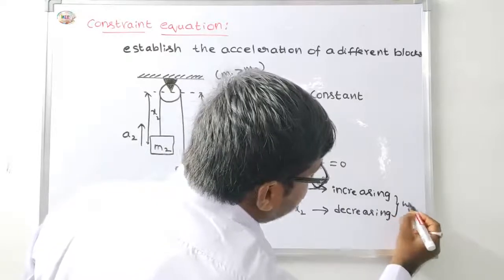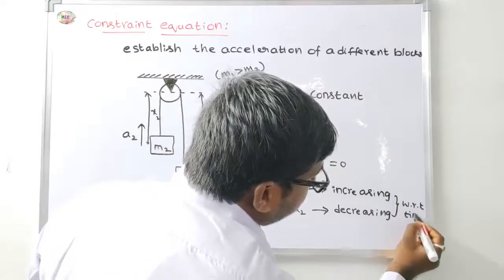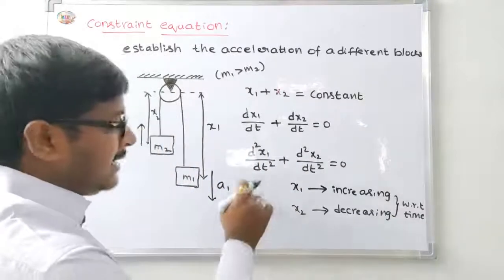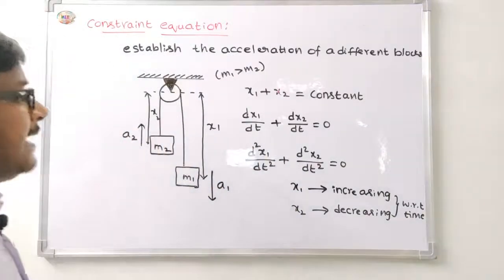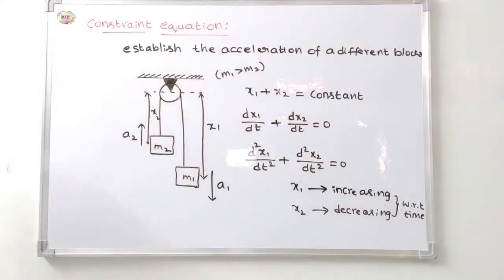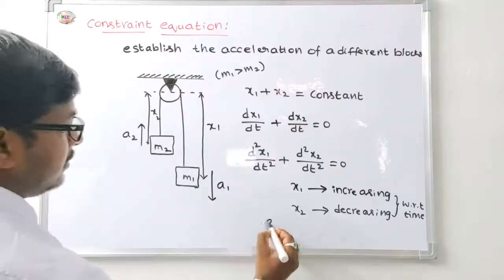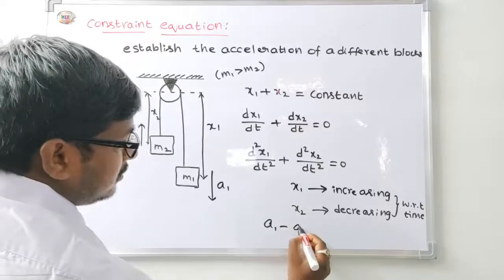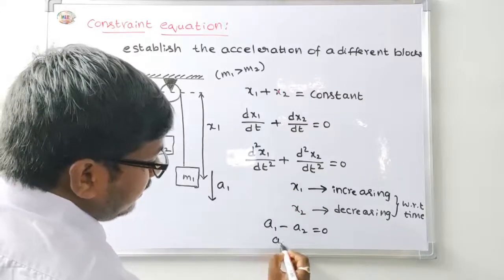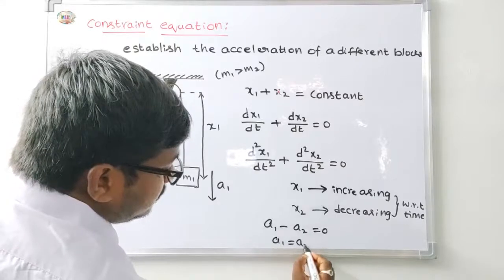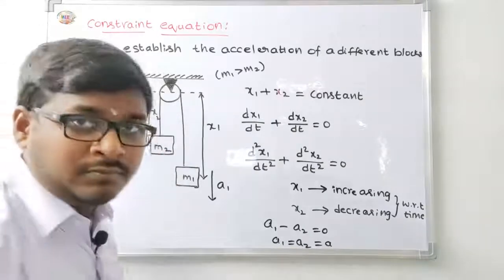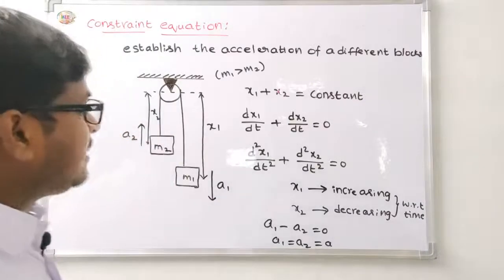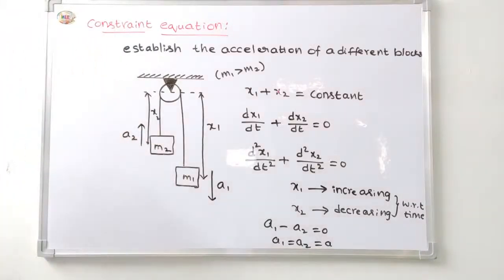Then it is written as a1 minus a2 is equal to 0, so a1 is equal to a2 is equal to a. This is the constraint equation.